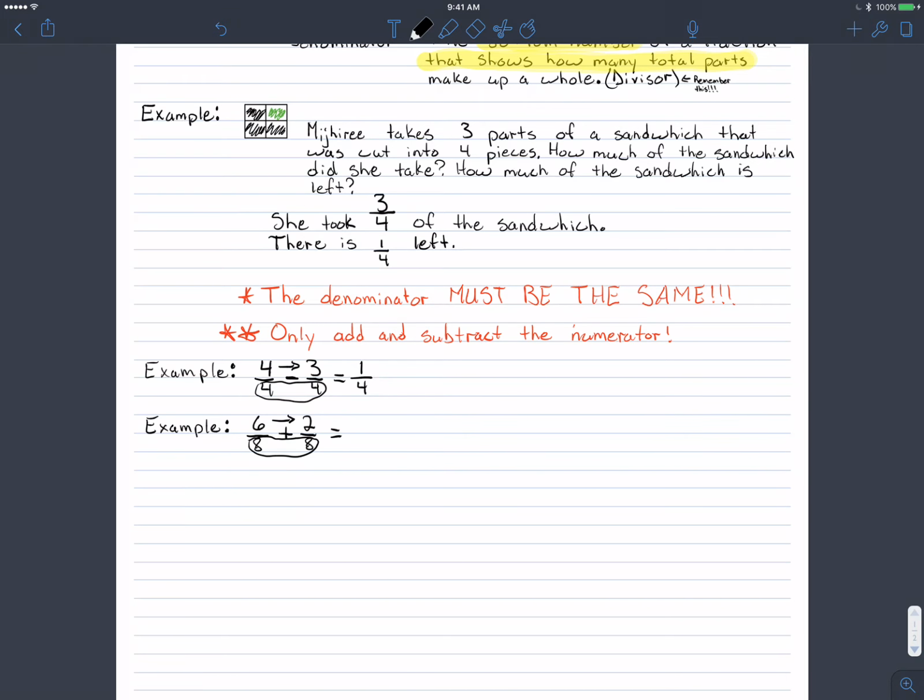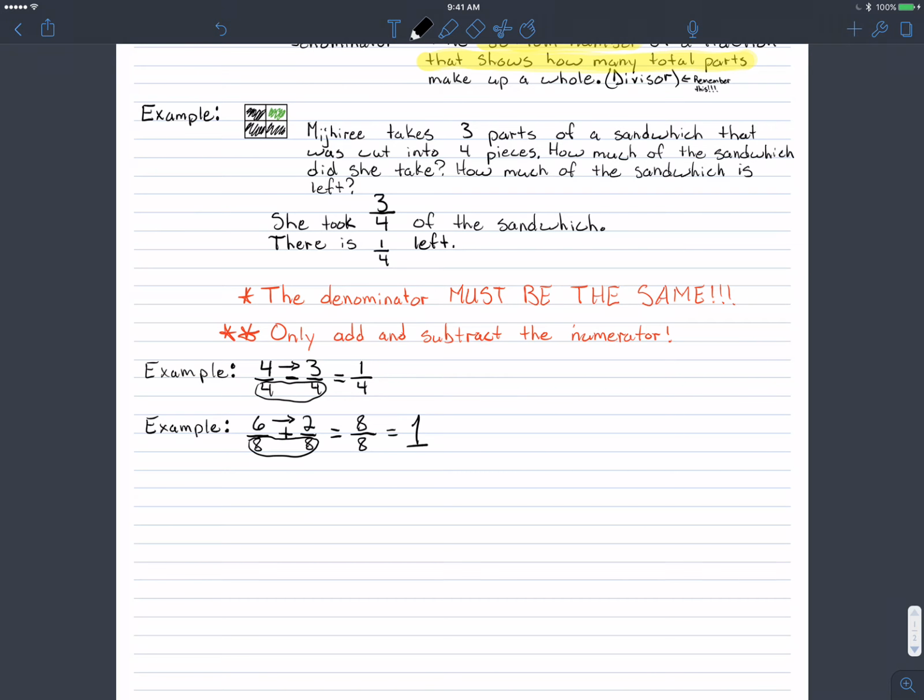We add the top by the top. 6 plus 2 is 8. And you just bring your denominator over. You have 8/8. You have 8 parts of something that only has 8 parts. So you'll eventually notice that you have 1 total. But I'm kind of going a little bit ahead of myself.